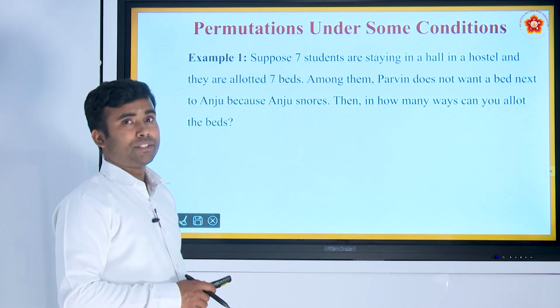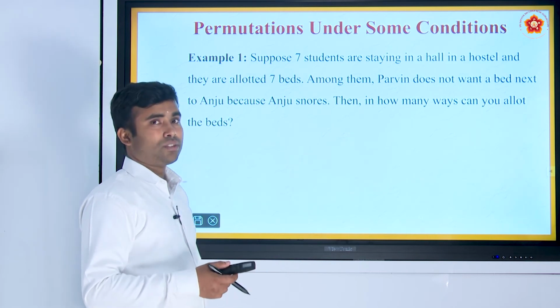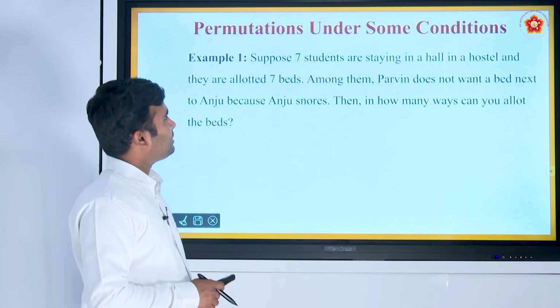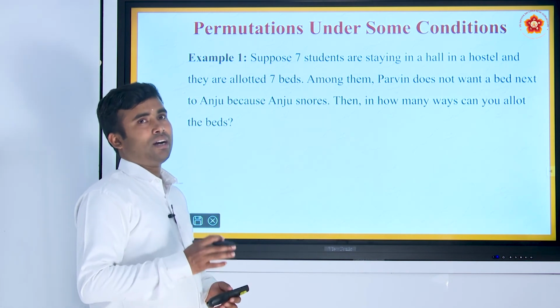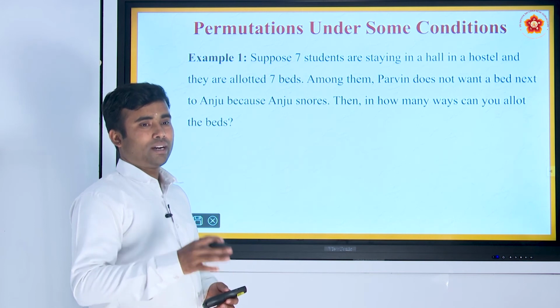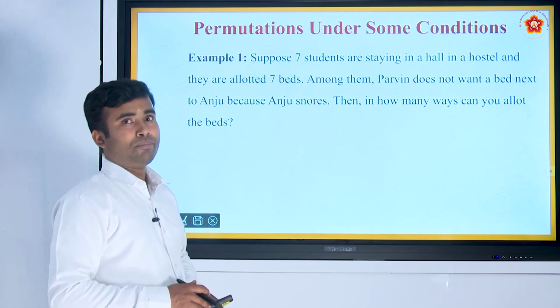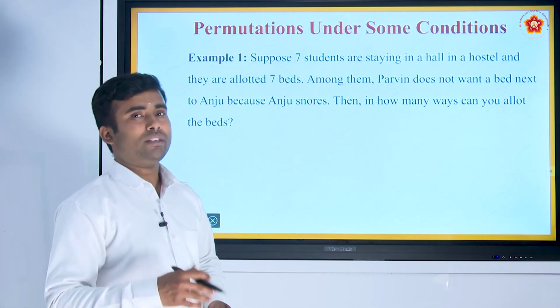Okay, here is the question. See, Parvin does not want a bed next to Anju because Anju snores, right? Here we can see 3 cases. If I allot Anju the first bed, I can't allot Parvin the second bed. That should not be possible because Parvin does not want a bed next to Anju.